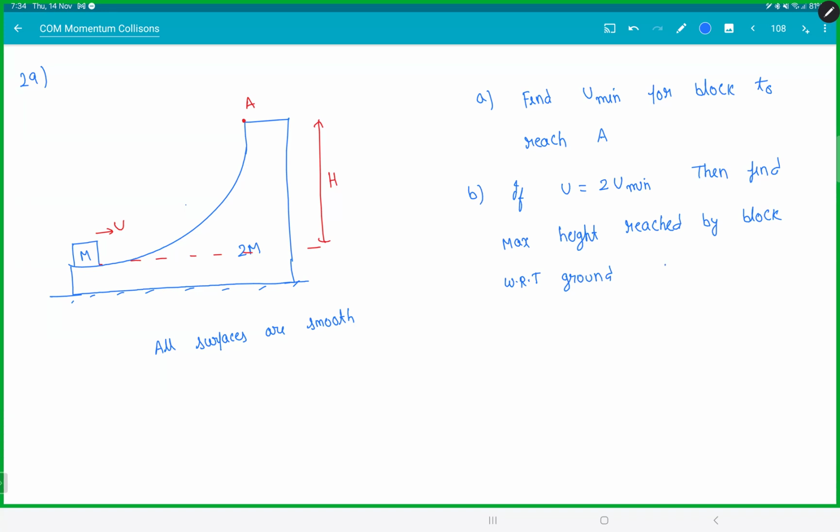And describe the motion of the block. Is the question clear? I hope the question is clear, everyone.